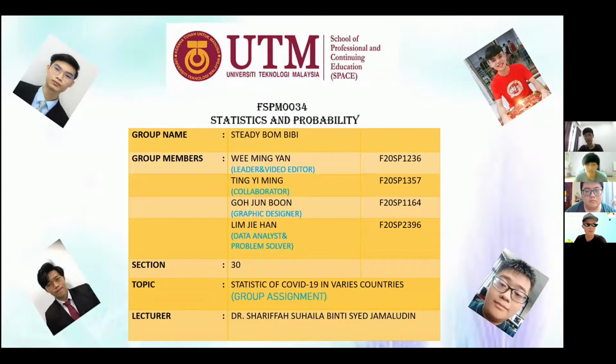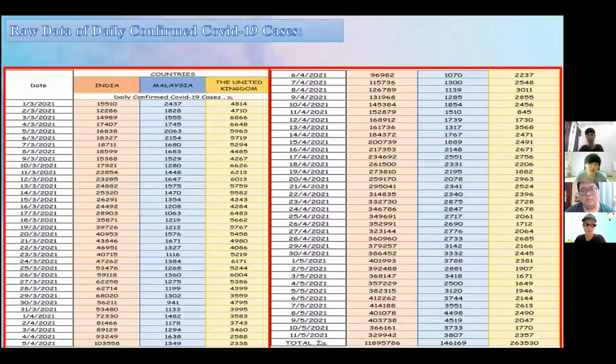We are from session 30 and today the topic of our group assignment is statistics of COVID-19 in various countries. This is our raw data of daily confirmed COVID-19 cases. In this raw data, the discrete variable is daily confirmed COVID-19 cases, and we chose three countries: India, Malaysia, and the United Kingdom.